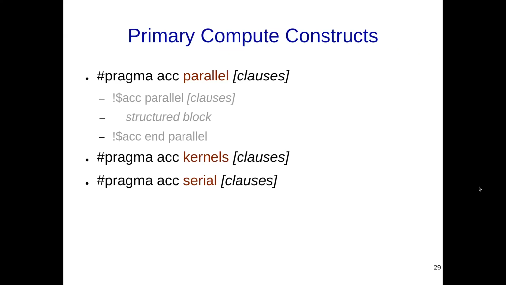The second construct that we are going to study is the kernels clause, which I was mentioning, where you just put some piece of code inside kernels and depend totally on the compiler to figure out which parts to execute sequentially, which to execute in parallel, and what the kernel launch configuration should be, that is, with how many threads it should run, etc. All of this is taken care of by the compiler, which can be very useful initially, or in parts which are not really accessible to you.